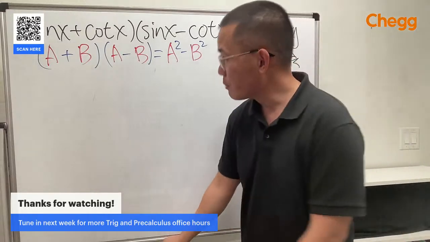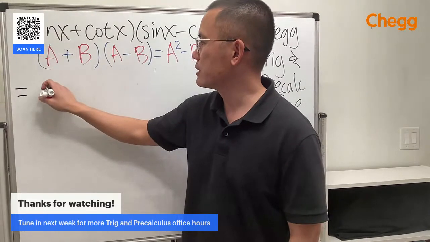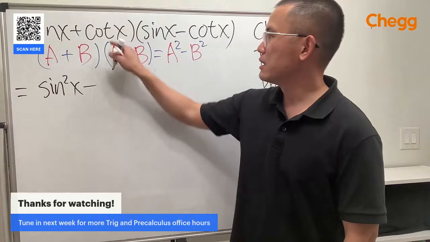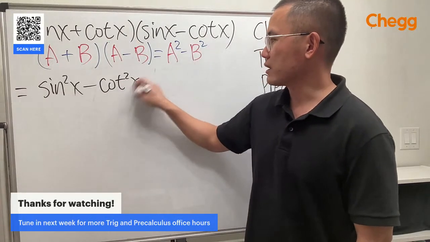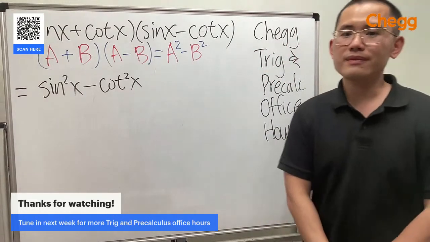The fast way to multiply this is that this is equal to this thing squared, which is sine squared x, minus this thing squared, which is cotangent squared x. So that should be the first move. Just multiply it out.